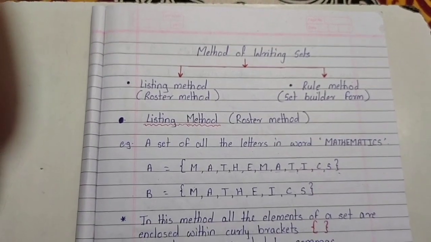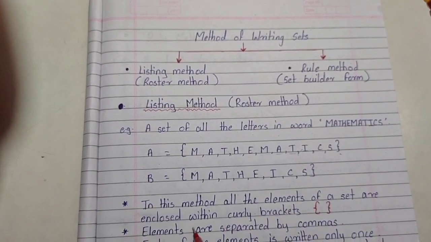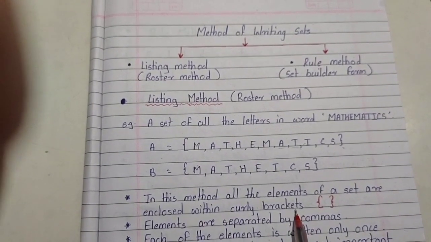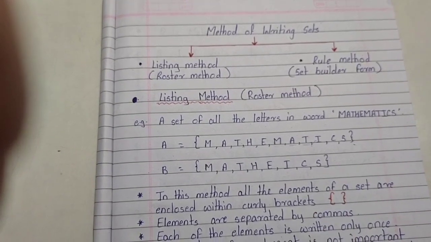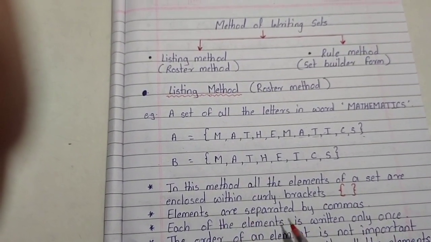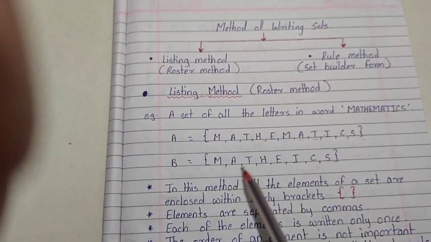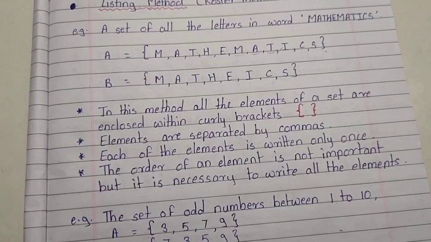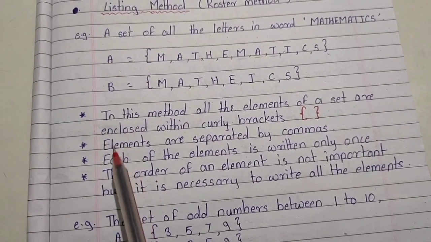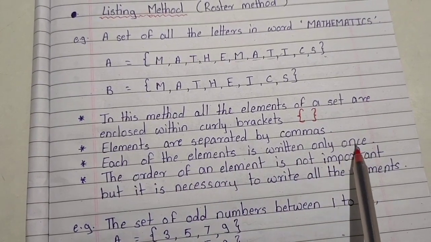First, in this method, all the elements of a set are enclosed within curly brackets. Is it? Yes. Next one, elements are separated by commas. We can see the elements are separated by commas. And the next rule is, each element is written only once.